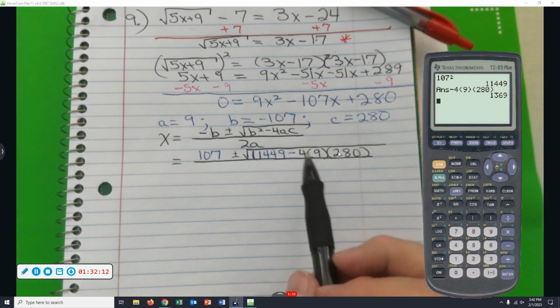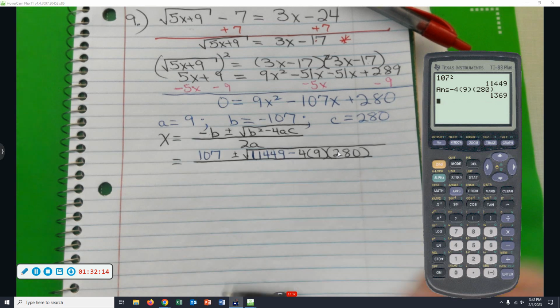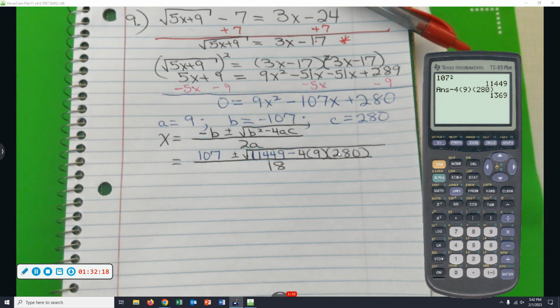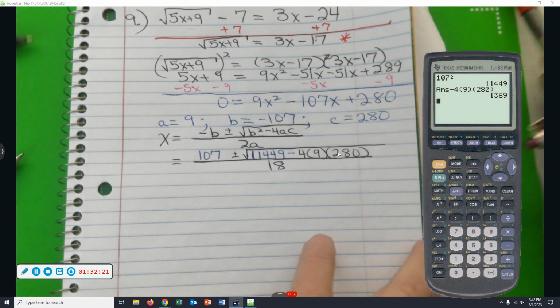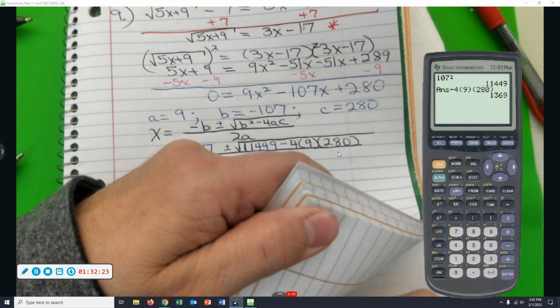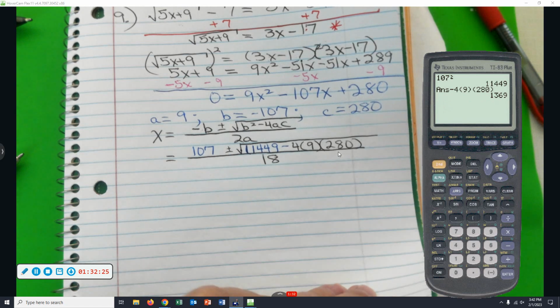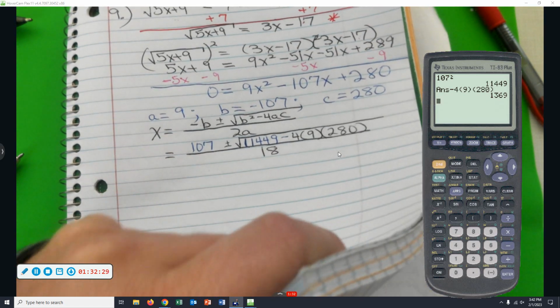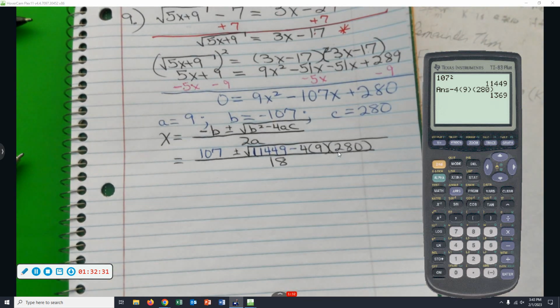All over. Now, what is it over? 2 times 9, 18. I think I've got the factorization, okay? I've done the square root. The number under the square root. I think I've got it.